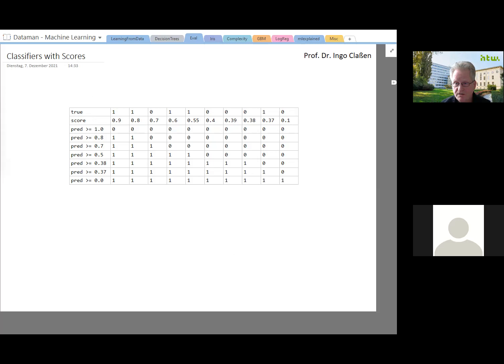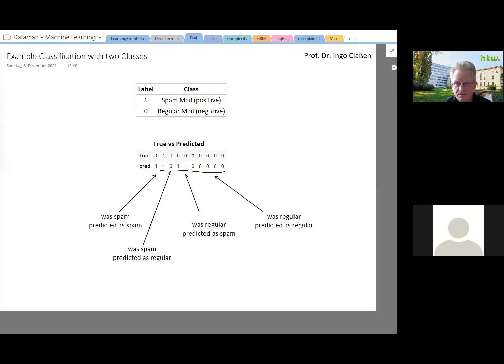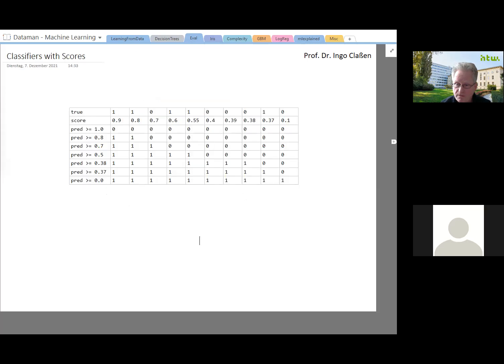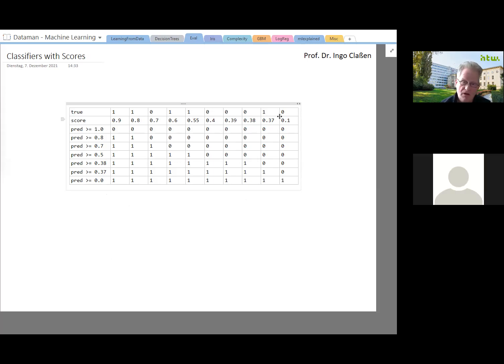If we look back here, this was a classifier that just tells me this is 1, this is 1, this is 0, and so on. But a classifier that delivers scores has a little bit more detail. Actually, it tells us how confident it is. It tells us a score, and this gives us some kind of confidence.